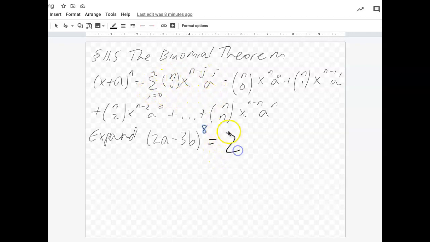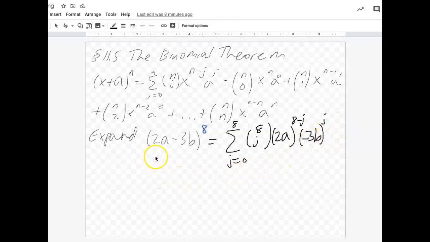So this will be the sum from j equals 0 to 8 of 8 choose j times x, which is now 2a. And remember to stick that in parentheses, to the 8 minus j, times negative 3b to capture the minus as we go out through the sum, to the j.